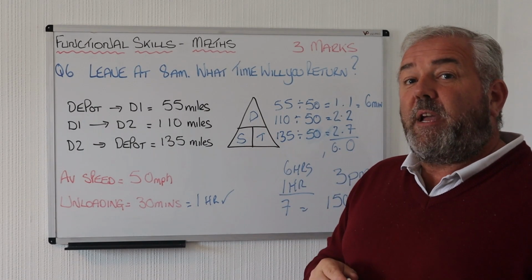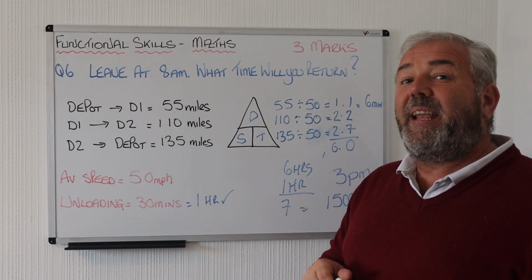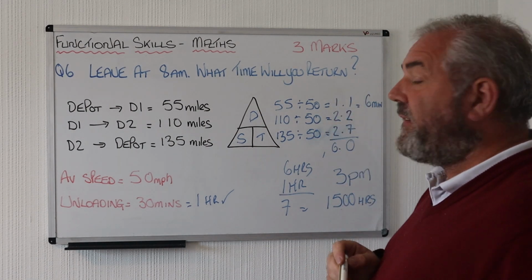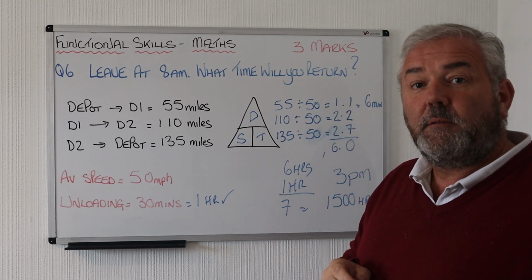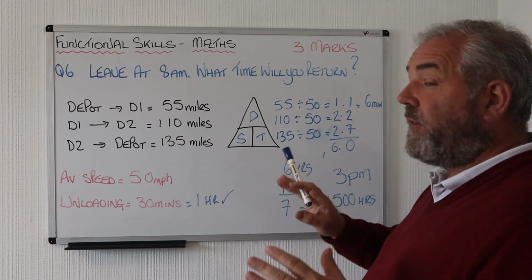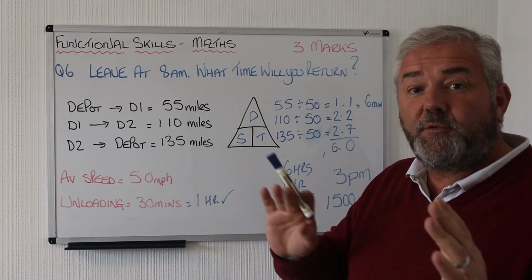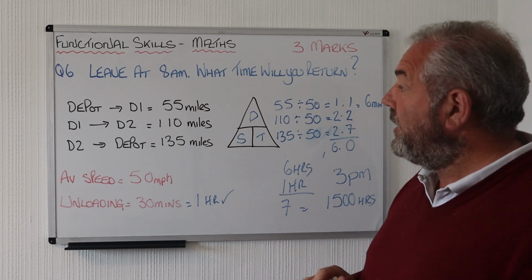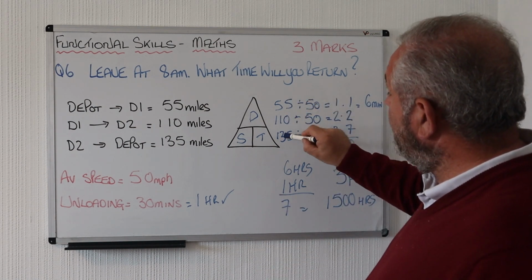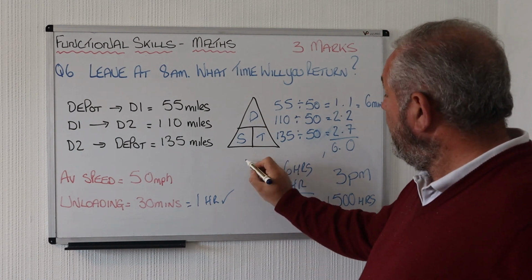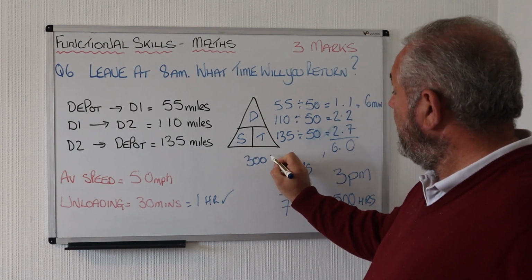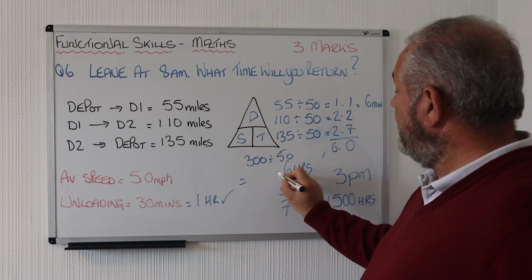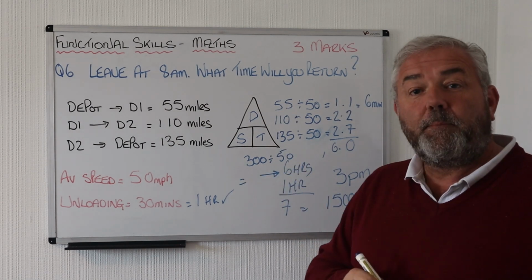But for the more astute people out there, you would have seen another easier way of doing this. Because the speed that we're travelling at is constant, it hasn't differed from the depot to 1, from 1 to 2 and 2 back to the depot. Because it's been an average speed of 50 throughout, what we could do is add all the distances up, which comes to 300, and then divide that by the 50, which would give us the same 6 hours.